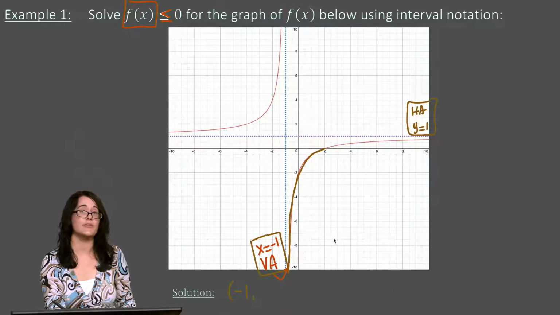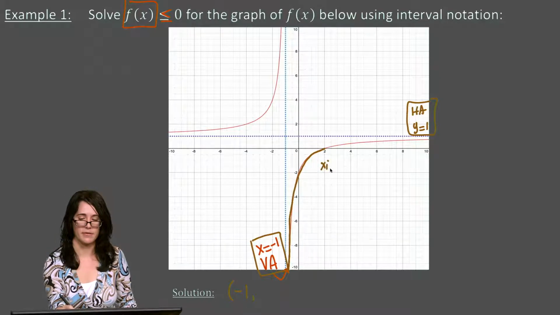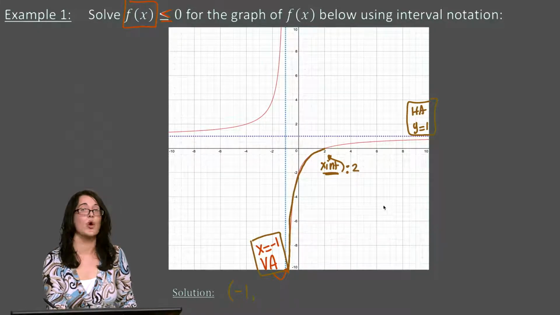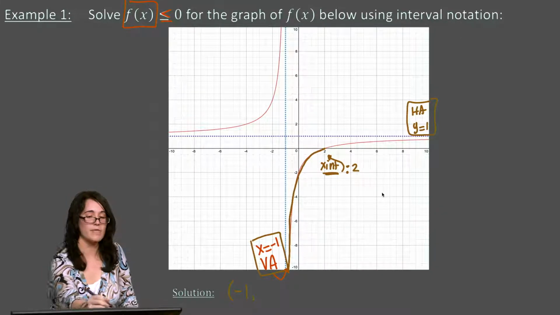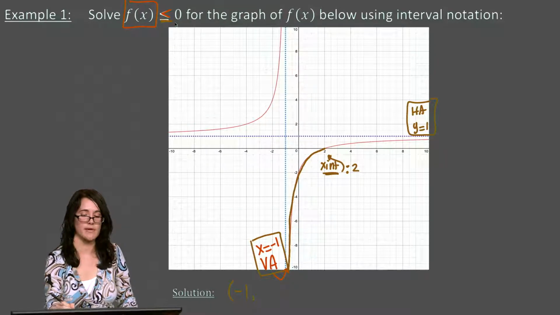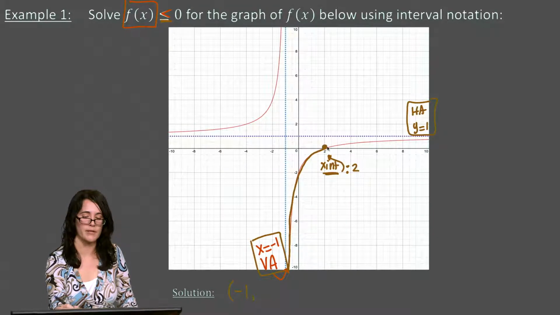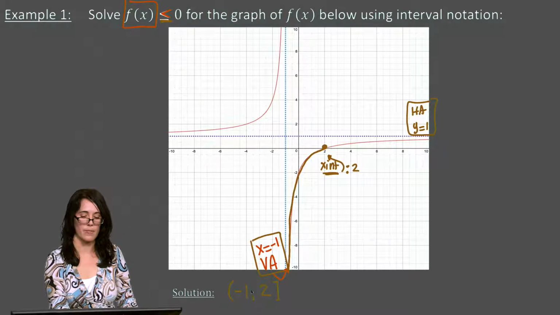Now at +2 itself, our x-intercept, which is 2, we notice that the graph is supposed to be equal to or less than. So we could include that point, which would mean at +2, our x-intercept, we would use a bracket.